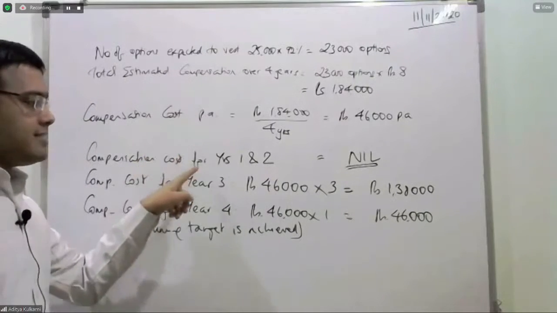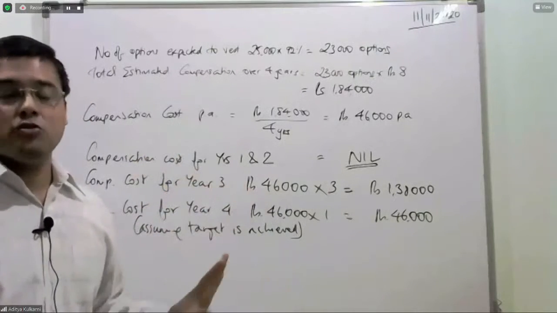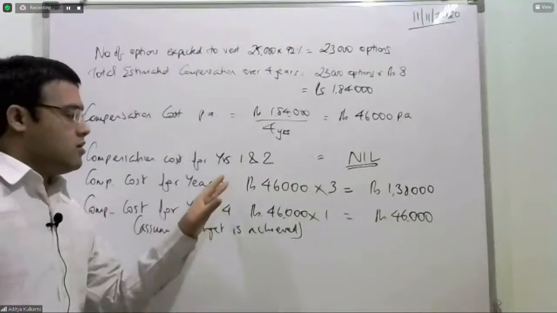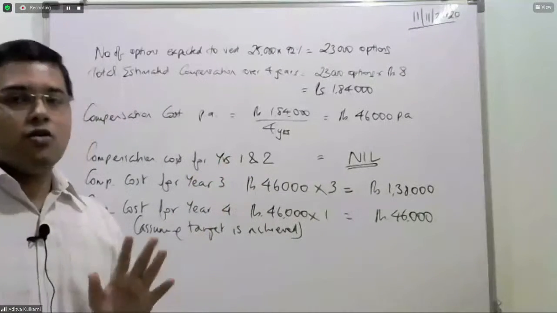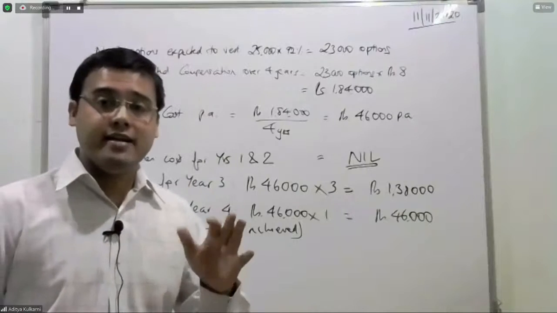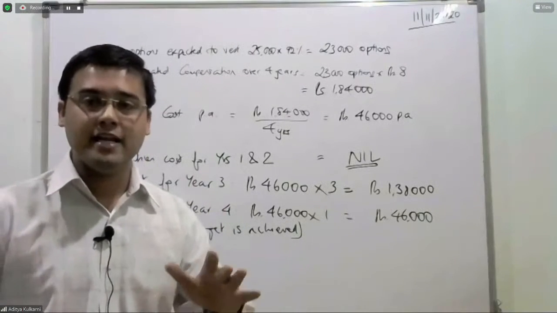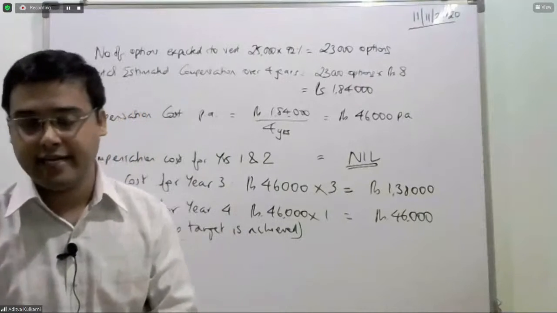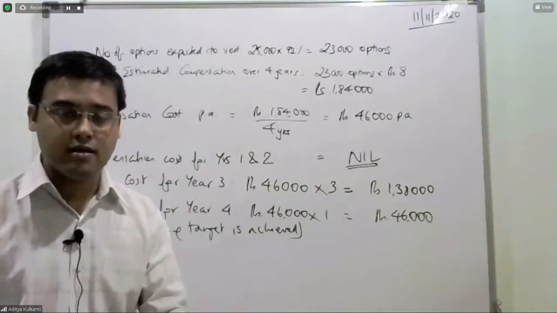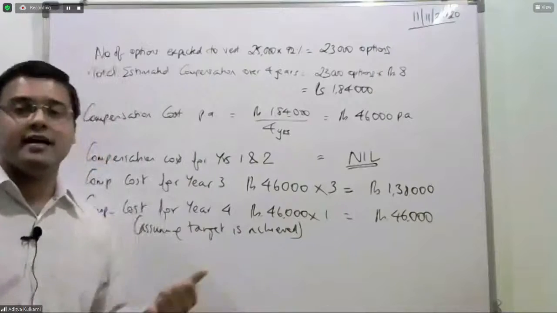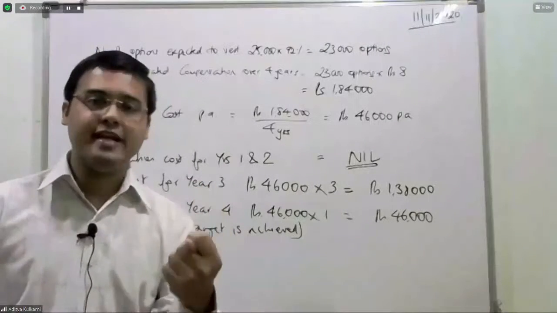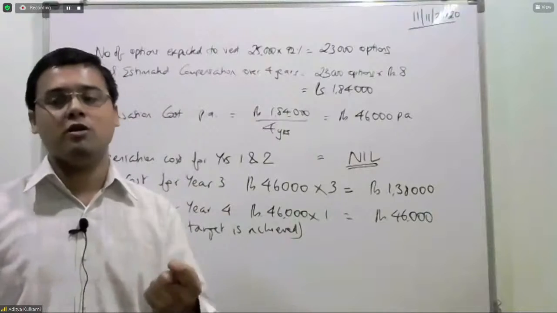Because your estimates definitely cannot go so haywire. Okay. At least in year 1, you think they may not vest, but at least in year 2, when you are finalizing the accounts, they would be finalized after the reporting period, right? So in year 3, when you are finalizing the accounts for year 2, you would definitely have certain estimate of what would be the market share.